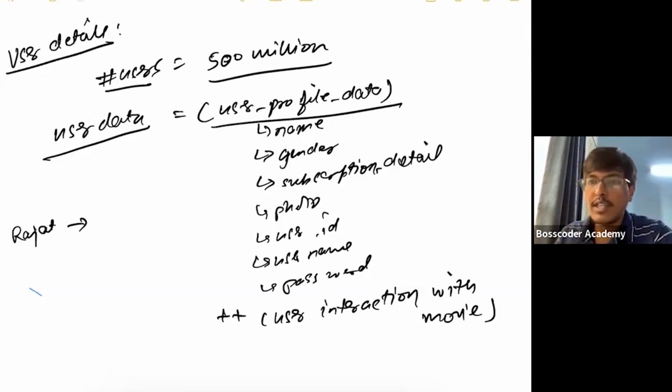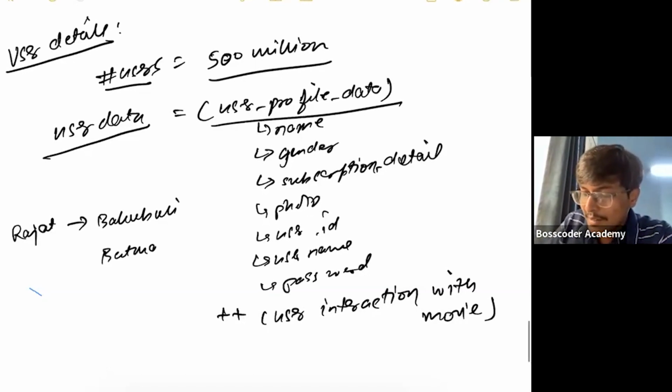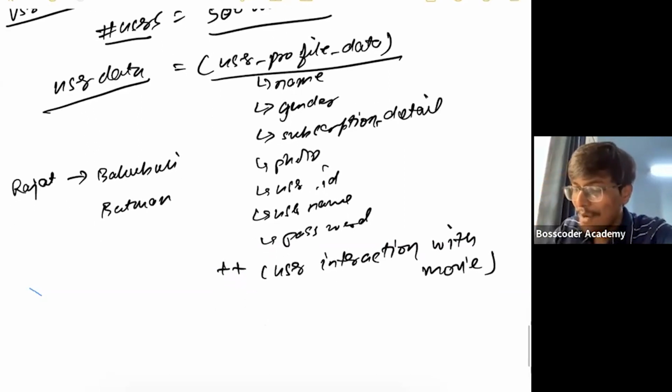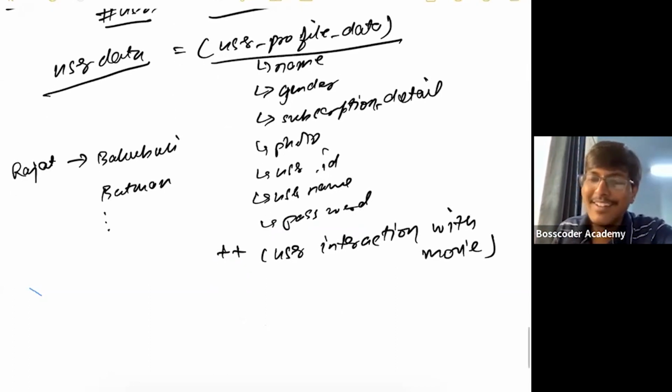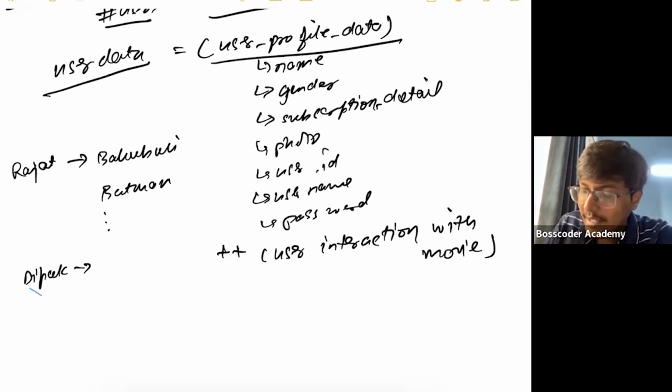In users, we are saying there are 500 million users on an estimation. User data will consist of two things: user profile data, and user interaction with movies. For example, Rajat might interact with Bahubali, might interact with Batman, and Adi Purush as well, definitely. Similarly, Deepak might interact with multiple movies.